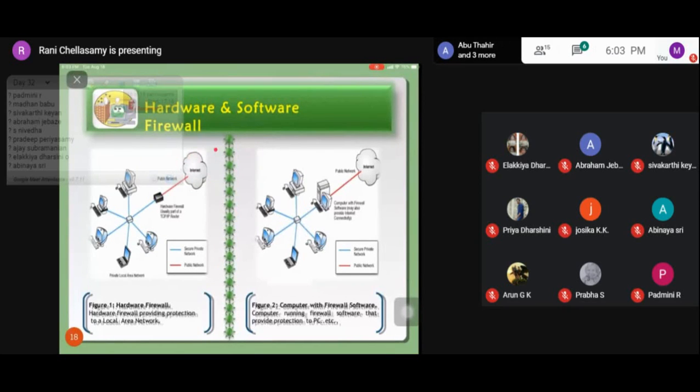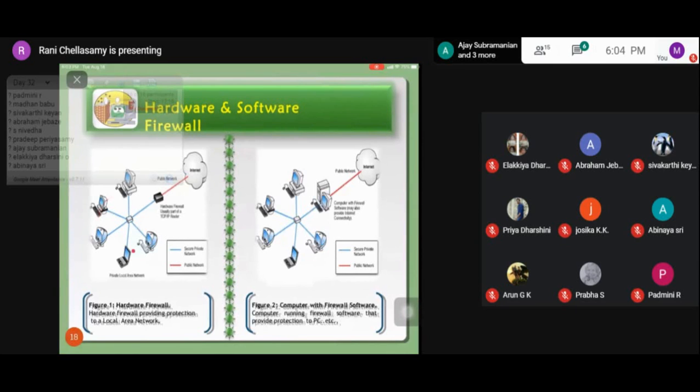Here you can see the router, the TCP/IP router. This is the hardware firewall. Usually the firewall is integrated in this router. So this is called a hardware firewall, and it provides protection to the local area network.